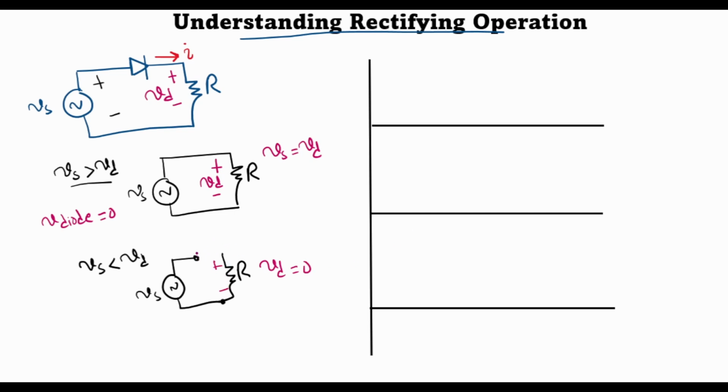However, in this case, when the diode is reverse biased, all of the supply voltage Vs appears across its terminal. Therefore, the diode voltage in reverse bias condition is equal to the supply voltage. Therefore, while designing electronic circuits, the reverse voltage is a critical parameter which has to be taken into consideration.